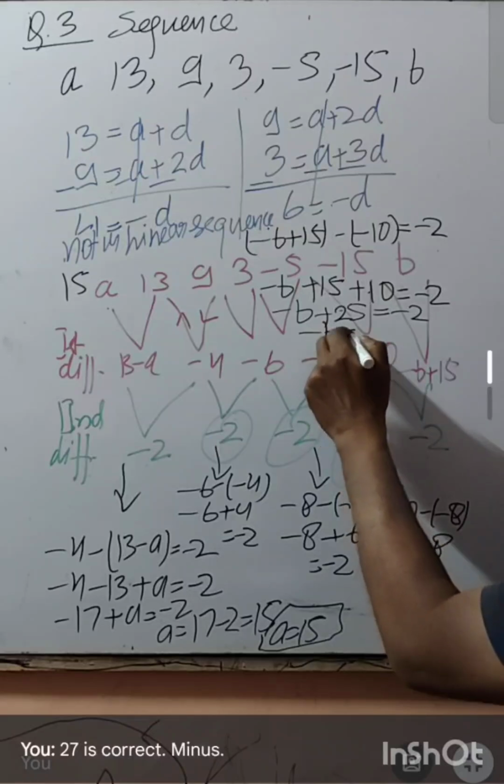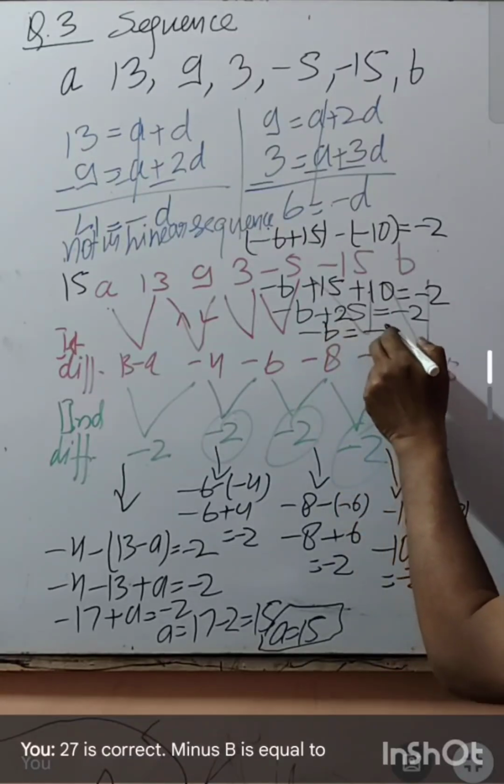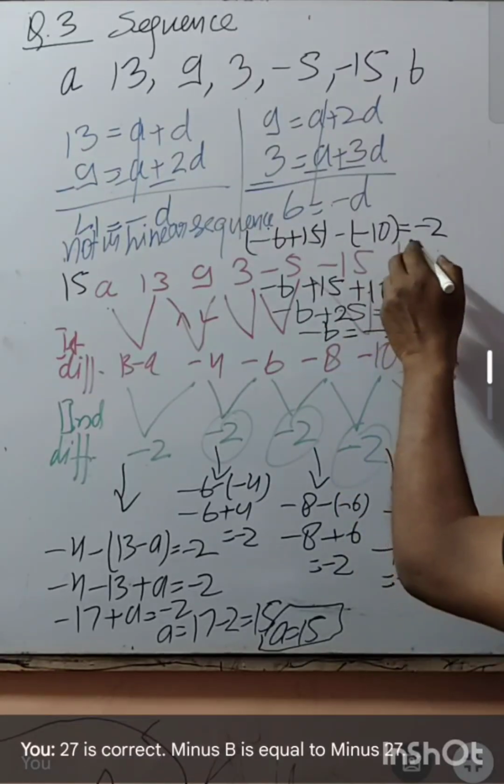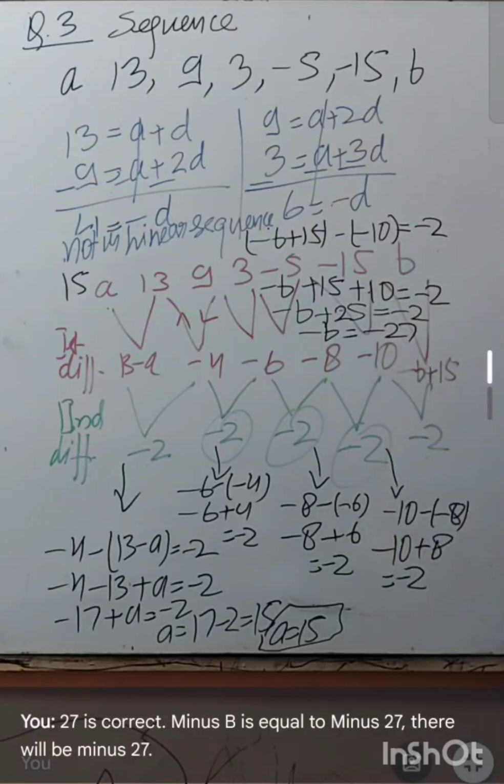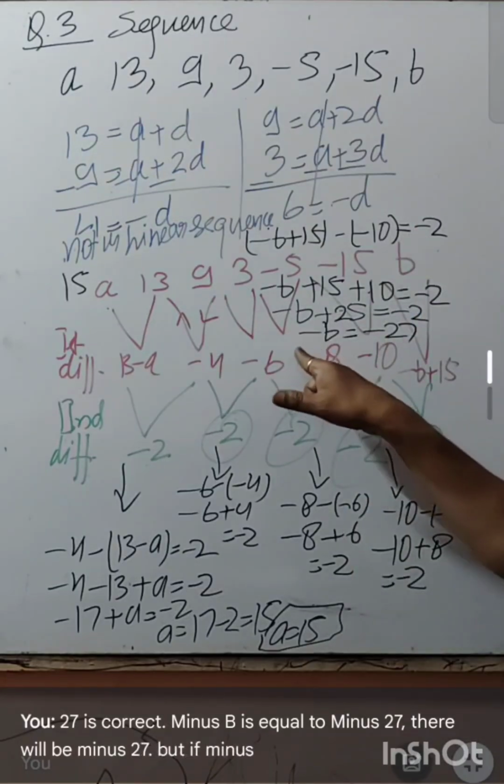Minus b is equal to minus 27. There will be minus 27. But a minus b is creating problem.